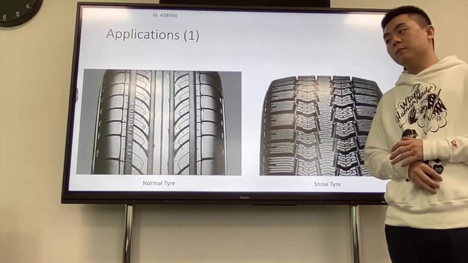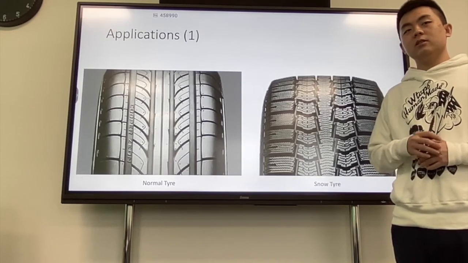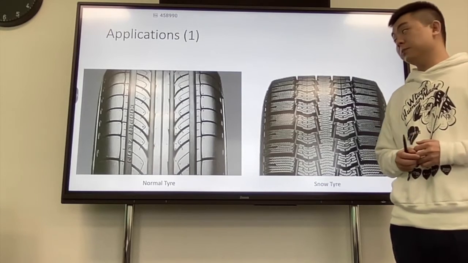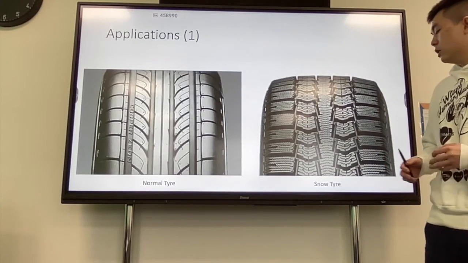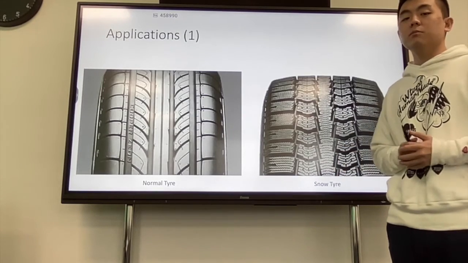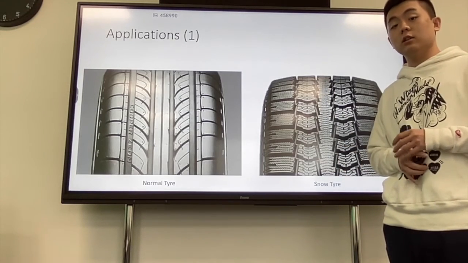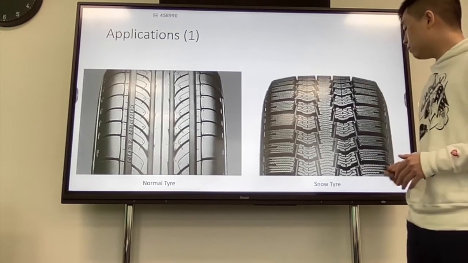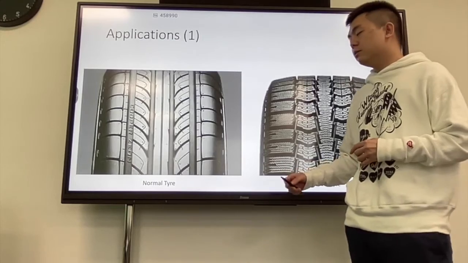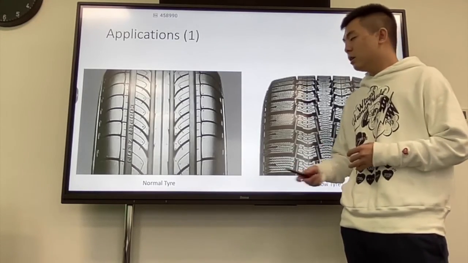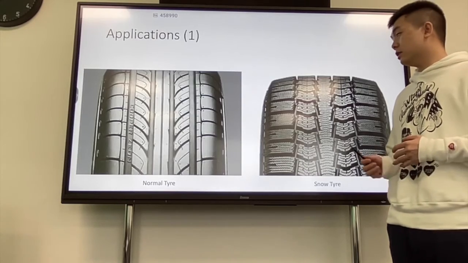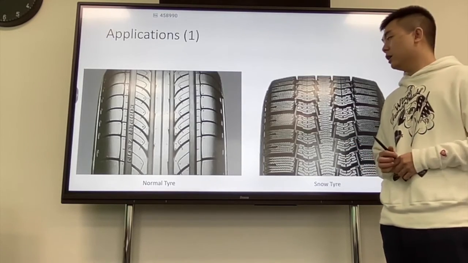According to the formula, friction is mu N, and mu is the coefficient of friction. So a rougher surface will have a bigger coefficient of friction. So the snow tire is safer than the normal tire when the car is moving on ice or snow.